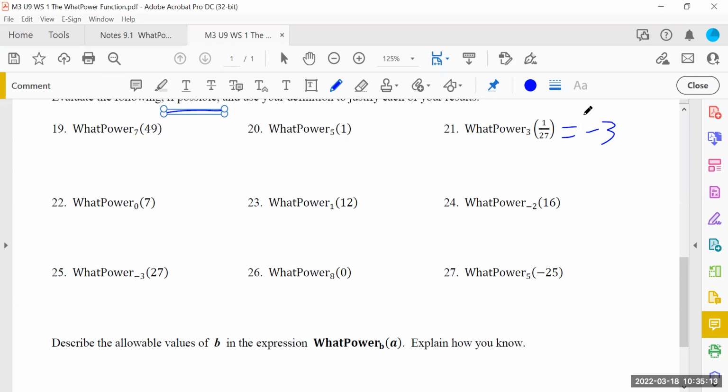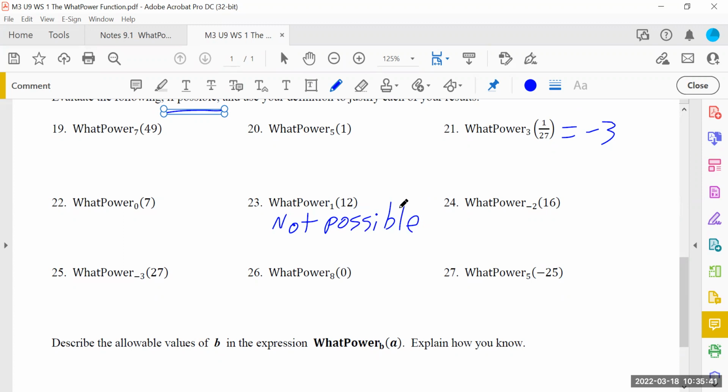How about number 23? Ednan, what about 23 there? Not possible. Why not? Yep, that 1 is always going to be 1. No matter how many times you multiply it, you're just going to have 1.